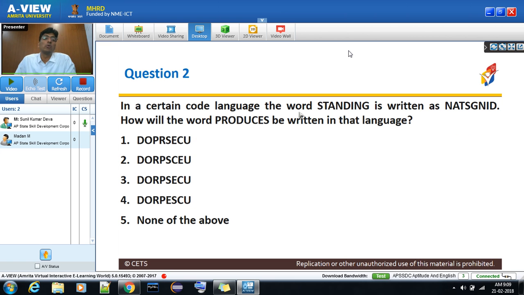In a certain code language, there is a word STANDING which is written as something else. As I mentioned, the first check is to find out whether the letters are the same. Standing, and the letters are the same: S, T, A, N, D, I, N, G. The letters are the same, so this would again be a rearrangement problem.